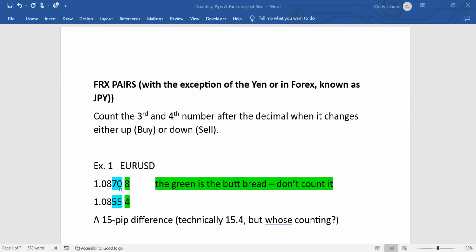You can see if you were selling Euro USD, it went from 70 to 55. You'd gain 15 pips. Boom, I could say to my trading mentor, I made 15 pips today. Or if it was going the other way, you might have lost. If you were in a sell and it went up, you would be negative 15 pips. It went in the other direction.